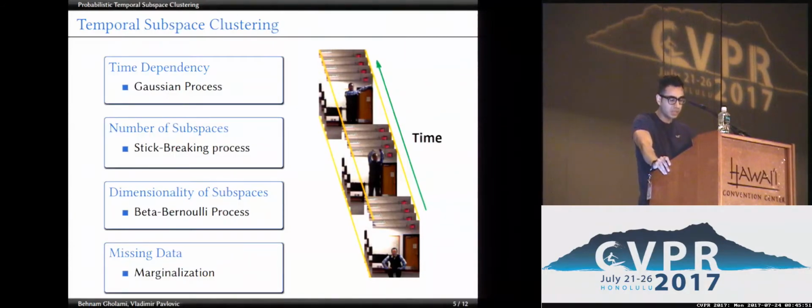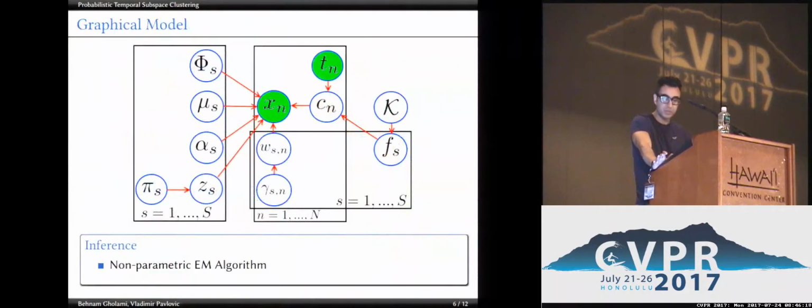More precisely, the Gaussian process with proper kernels is used to incorporate the sequential information of data points into the model, and the stick-breaking process and the Beta-Bernoulli process are used to learn the number of subspaces and their dimensionality automatically from data points. Moreover, due to the probabilistic nature of our model, we can deal with data sets that suffer from missing data in a principled way by probabilistically marginalizing out the unseen features.